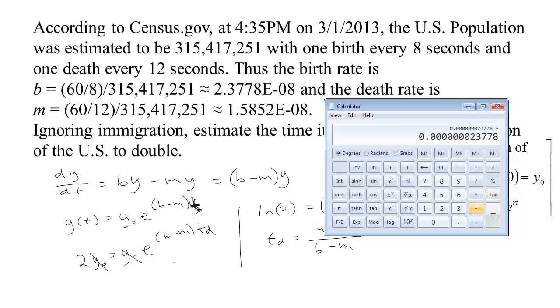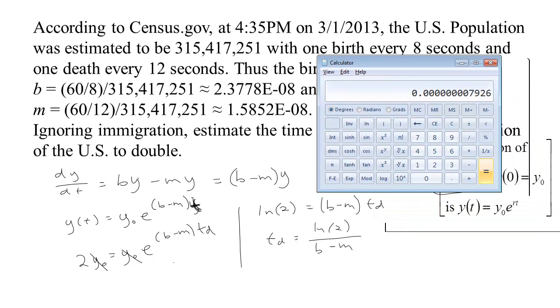Okay, and then I'm taking away my death rate, which is 1.5852 times 10 to the negative 8. So there's my net growth rate, and I want to divide that by the natural log of 2. So divided by 2, take its natural log.